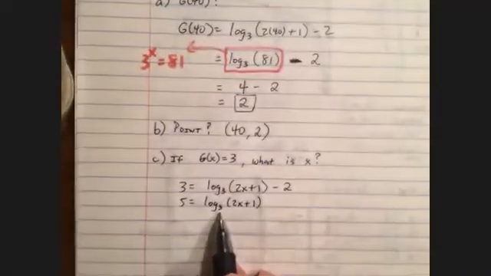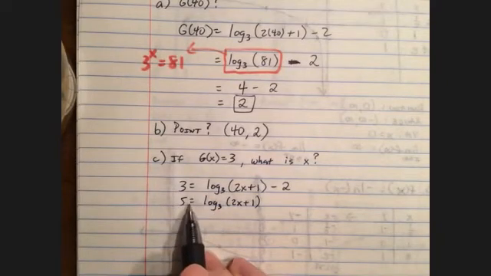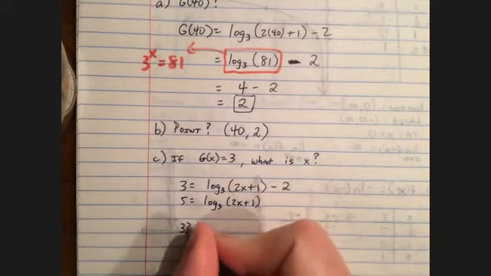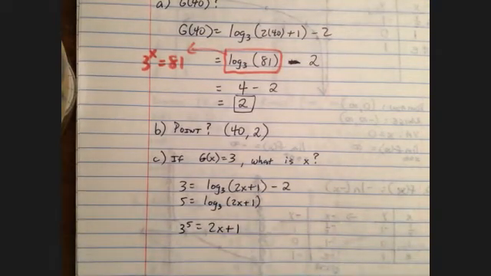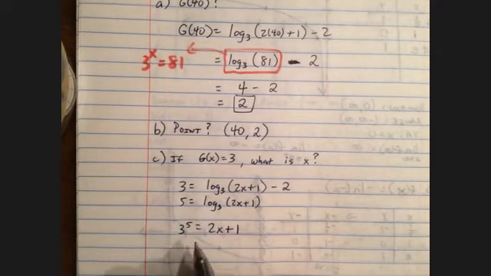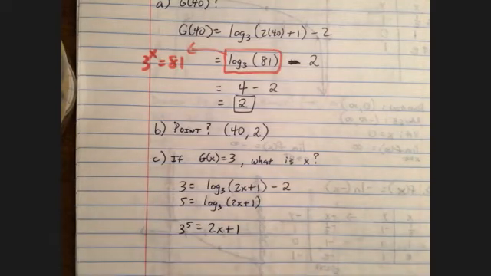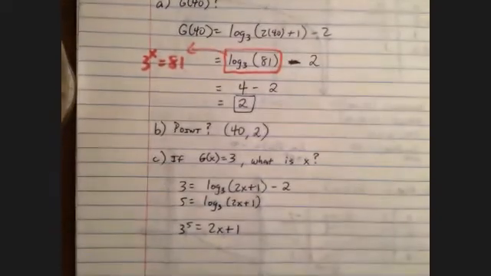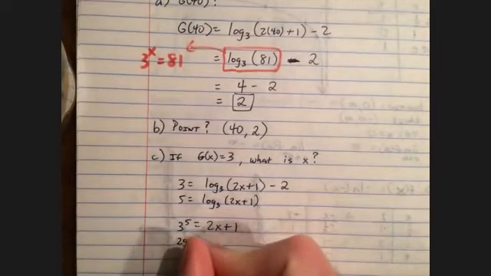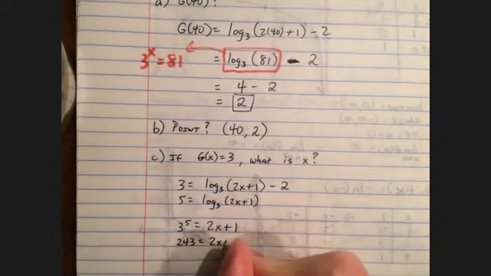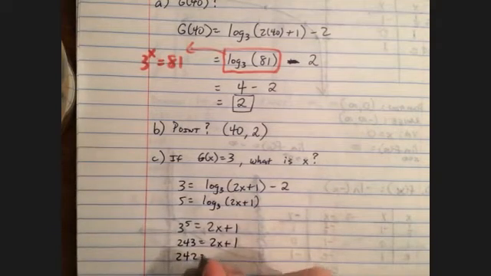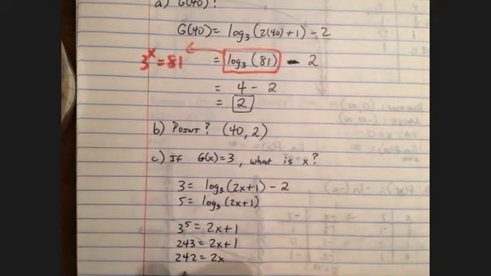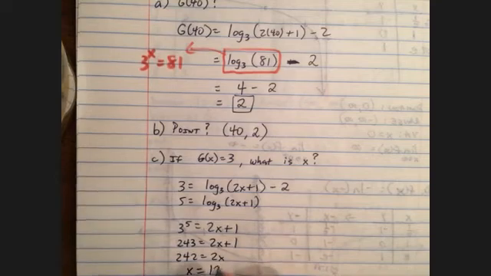We know that 3 raised to the 5th power would be equal to 2x plus 1. So 3 to the 5th power, we did 3 to the 4th earlier, was 81. So 81 times 3 is 243. It's equal to 2x plus 1. So subtract our 1 over. That's 242. So it looks like x is going to be 121.